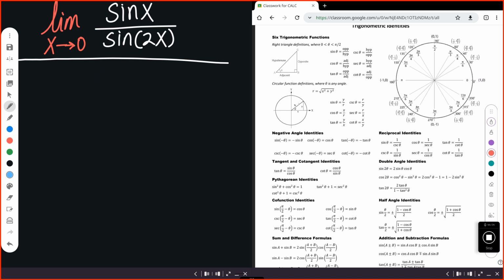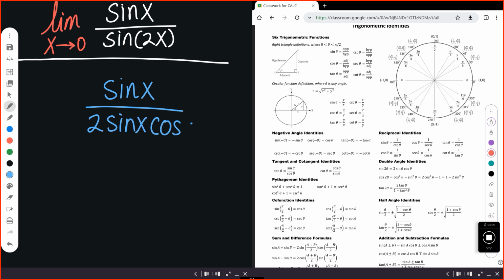So let's rewrite that, and I'm going to rewrite my numerator because I'm not going to use an identity there. But I will use an identity for the denominator, which is sine 2x equals 2 sine x cosine x, since we're dealing in terms of x for now.